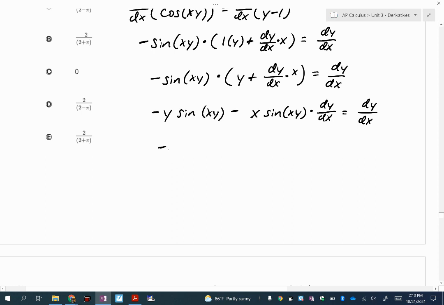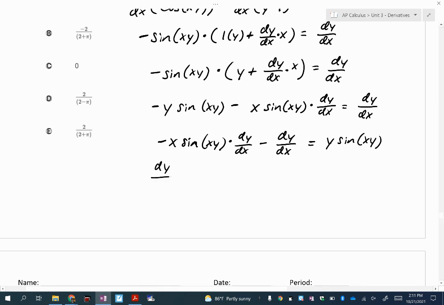So I have negative x sine of xy times dy/dx minus dy/dx equals positive y times the sine of xy. Factor it out. That gives me negative x times the sine of xy minus 1.